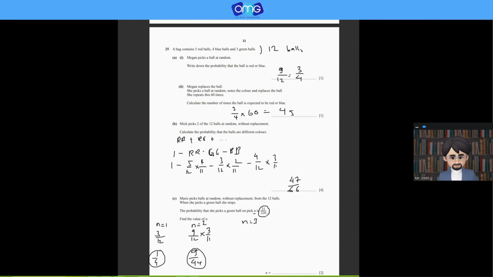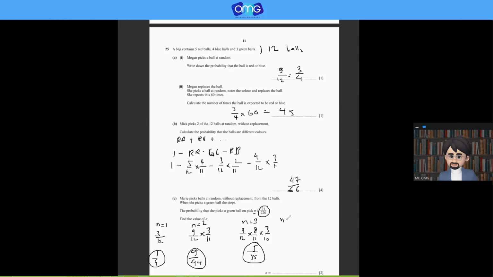And n equals 3, that will be the first time he takes not green, and not green again, 8 over 11, because after she takes, he doesn't give it back. And green the third time because n equals 3. That equals 9 over 55.